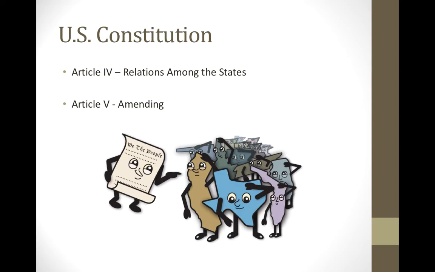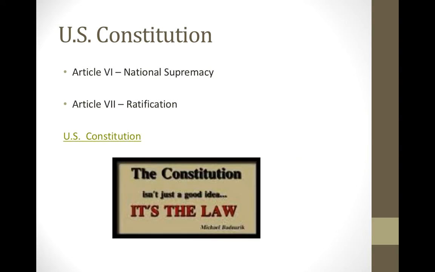It's not something that they want done very easily, but they don't want to make it impossible. Article 5 is a very, very short article, and we will once again look at that in greater detail. But for right now, all you need to know is that if there is a question about amending and changing the Constitution, you're going to find that information in Article 5.